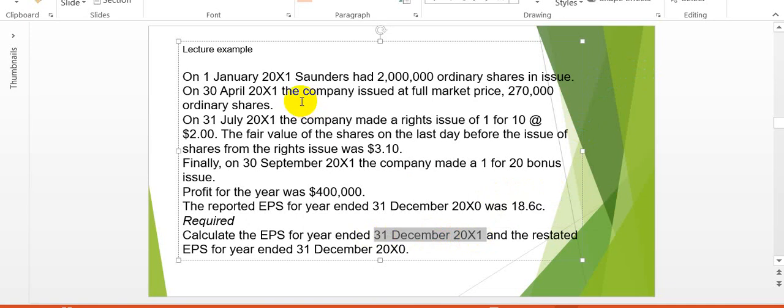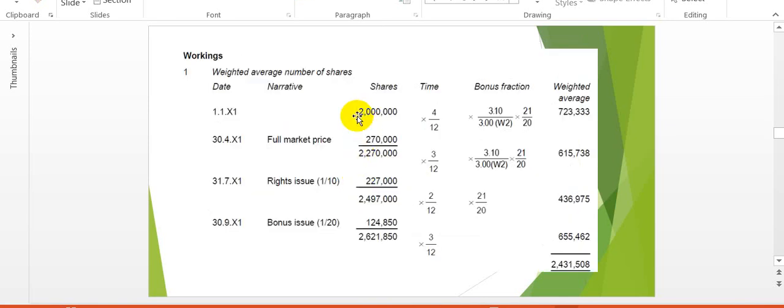So from 1st January to 30 April, that is 4 months. So that's our first calculation there. The 2 million shares were in issue for 4 months.